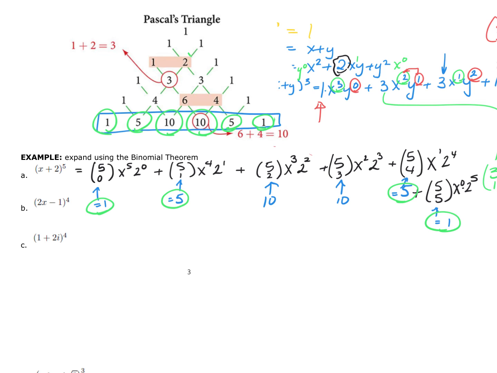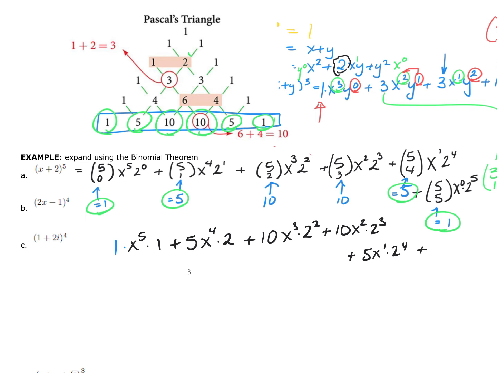I have 1 multiplied by x to the 5th, and 2 to the 0 is just 1, so that's going to be times 1, plus 5x to the 4th multiplied by 2, plus 10x to the 3rd multiplied by 2 squared, plus 10x squared multiplied by 2 to the 3rd, plus 5x to the 1 multiplied by 2 to the 4th, and then lastly 1 multiplied by x to the 0, which is just 1.